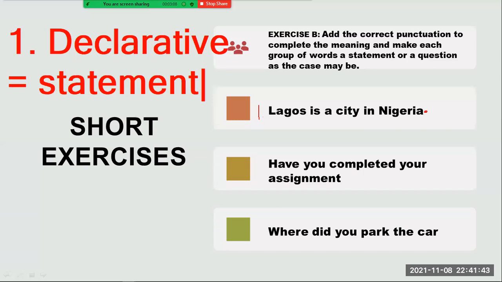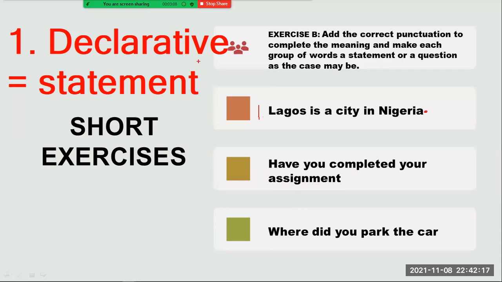And then we have other types of sentences, such as an imperative sentence, which is a command, and an exclamatory sentence, which expresses one's feelings. Then you have the optative. You can check the description section or browse through the entire channel here, and you will find videos on types of sentences.